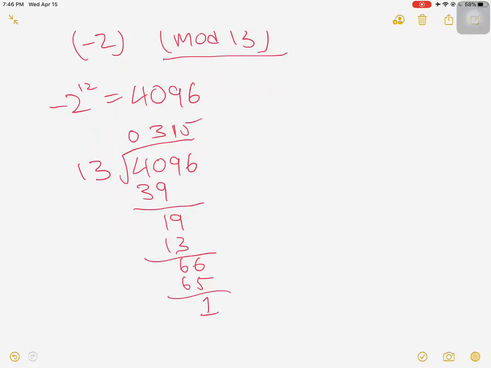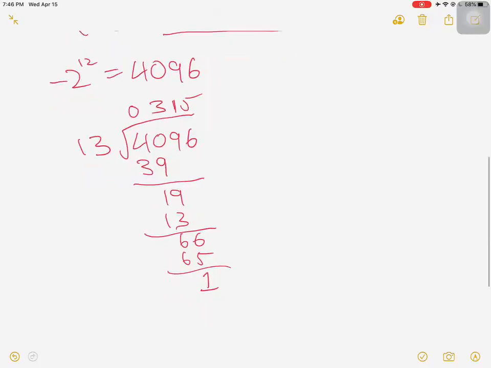Okay. Yeah, good job, Emma. The answer is 1, because the modulus is just the remainder.